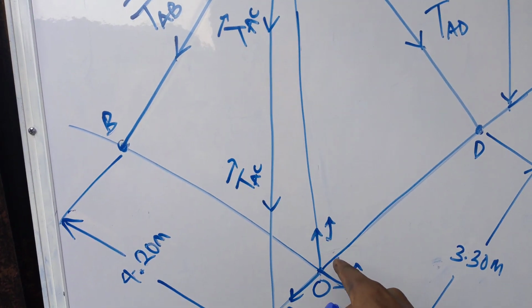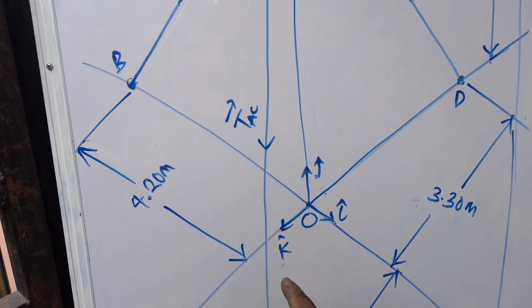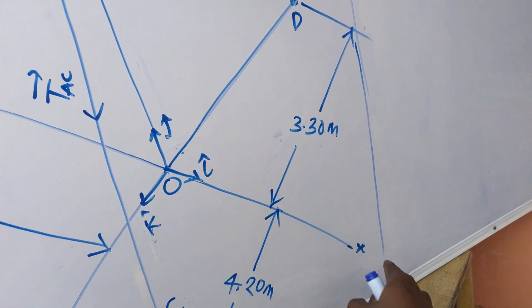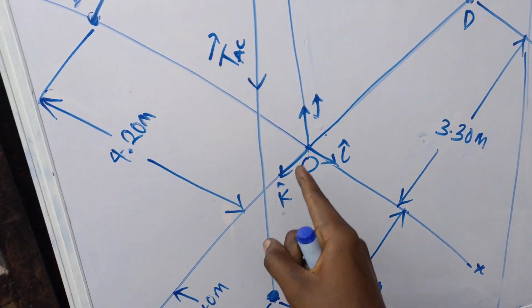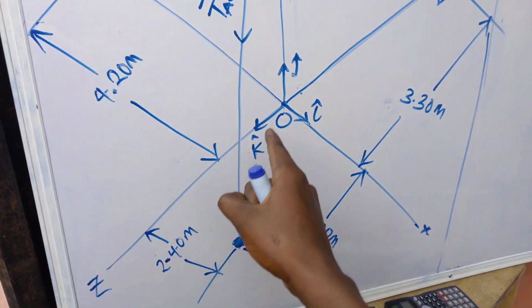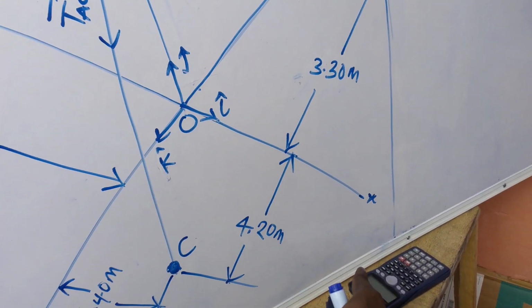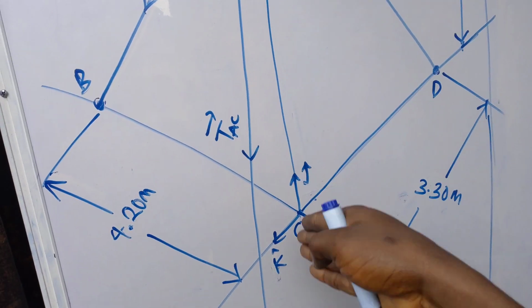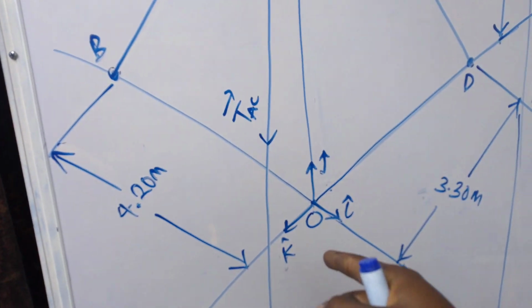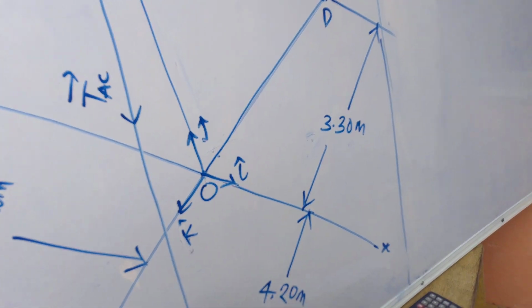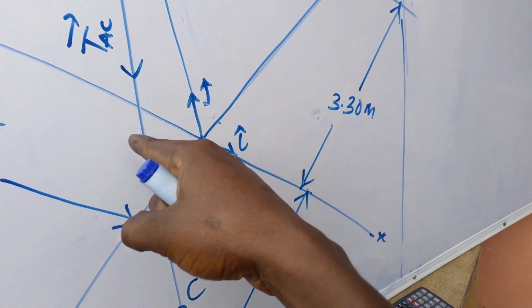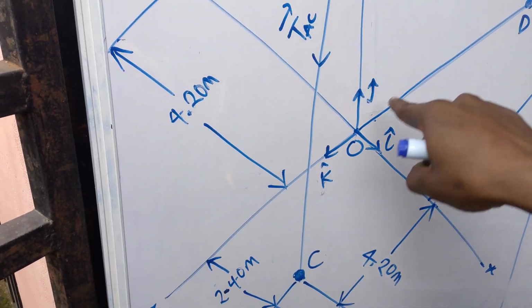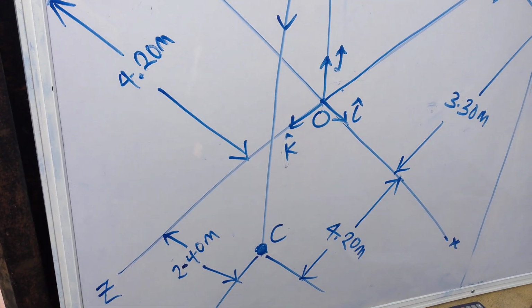Any movement that goes upwards like this is positive. The I coordinate, anyone that goes like this is positive I. Anyone that comes like this is positive K. So positive K, positive I, positive J. But if I'm coming downwards, opposite this, it is minus J. And if I'm going like this, it is minus I. If I'm going like this, it's minus K.